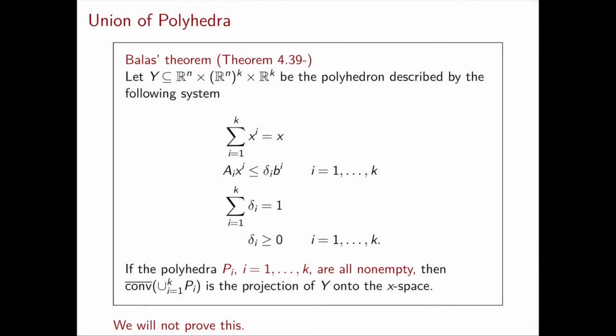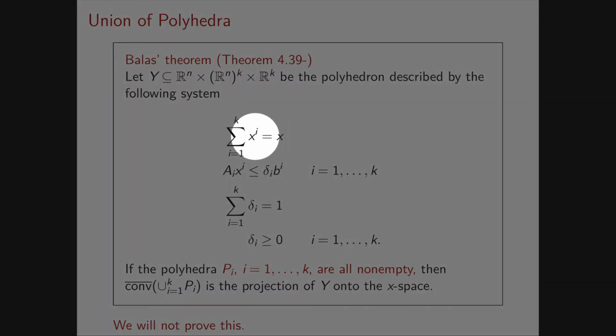Good, so at this point we do exactly what we did in chapter 2. So we write x as the sum of all the xi's, and then we take the system defining the polyhedron Pi and multiply the right hand side by delta i.